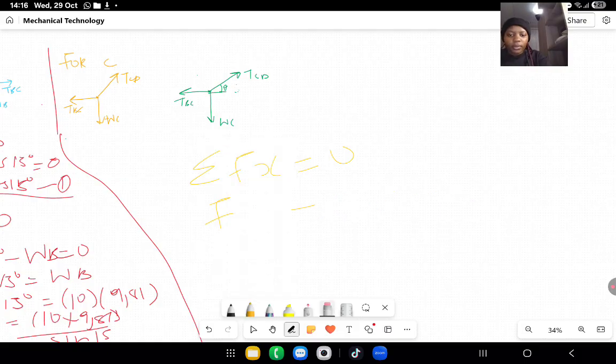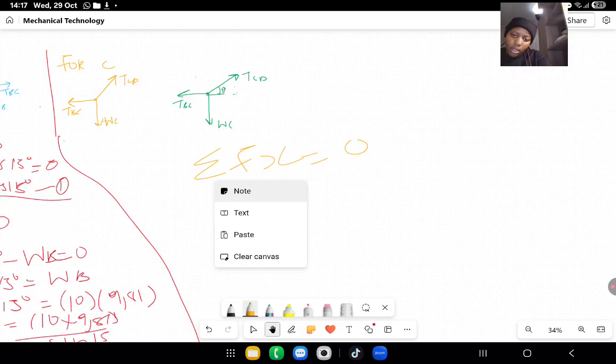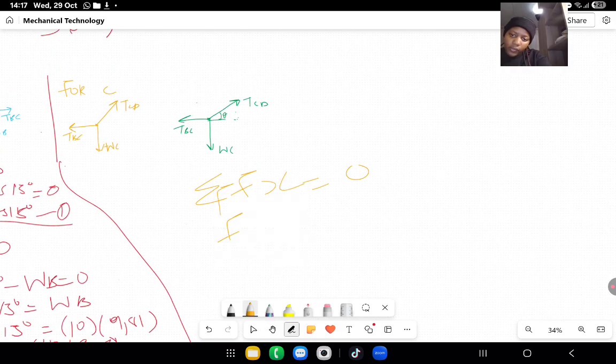Okay, we'll say the sum of the horizontal forces is equal to 0. CD here, horizontal goes this side, it will be positive, minus FBC.